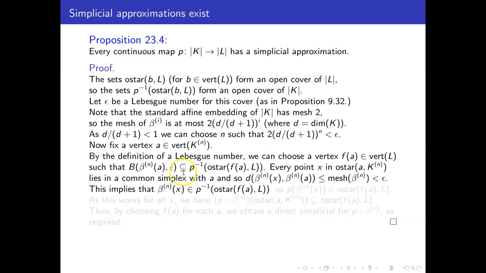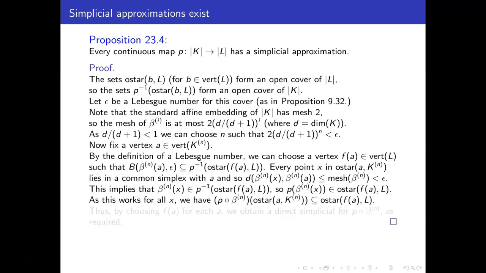So that means that this point beta^n X lies in the ball B(beta^n A, epsilon), and so it lies in the pre-image of this open star of F(A). In other words, P of beta^n X lies in the open star of F(A).